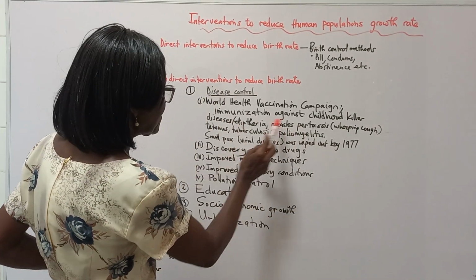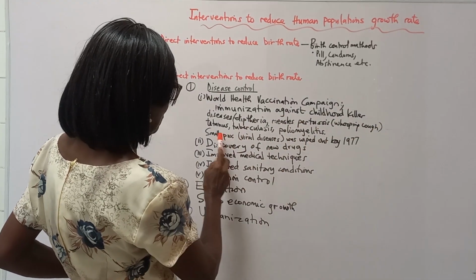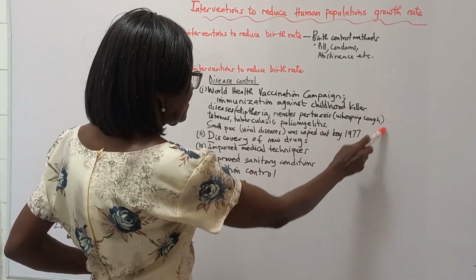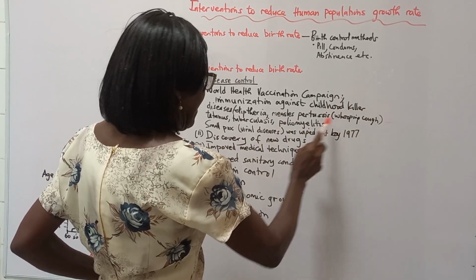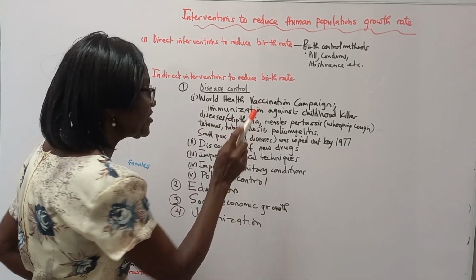So diseases like diphtheria, measles, pertussis, that's whooping cough, tetanus, tuberculosis, poliomyelitis, these diseases are reduced, and smallpox, a very bad disease, was wiped out by 1977. Very, very bad. So these diseases were reduced by the World Health Vaccination Program.